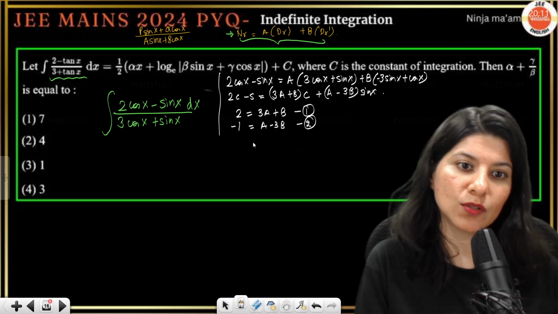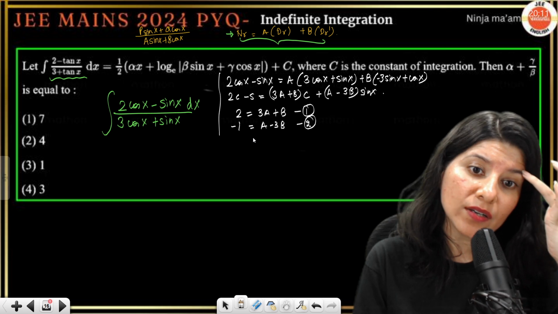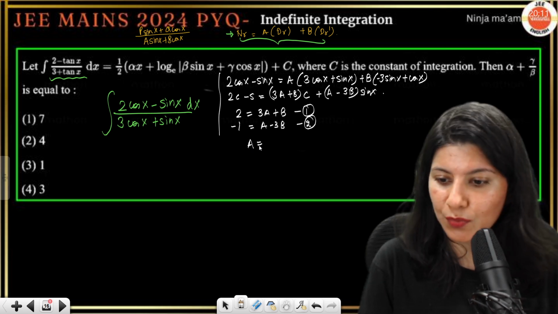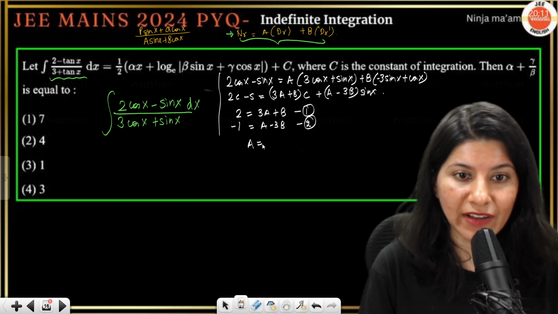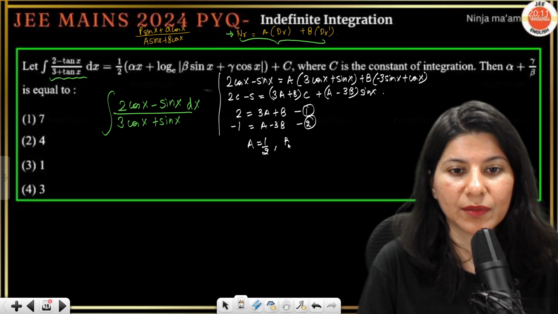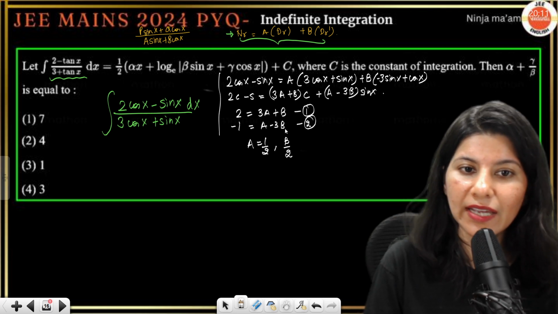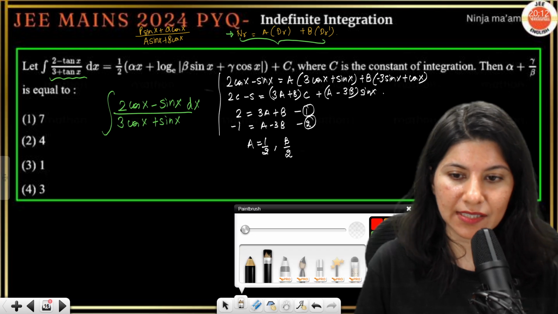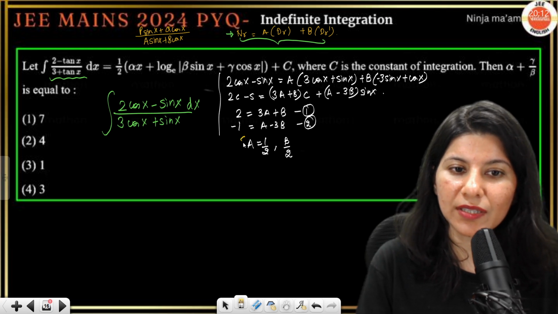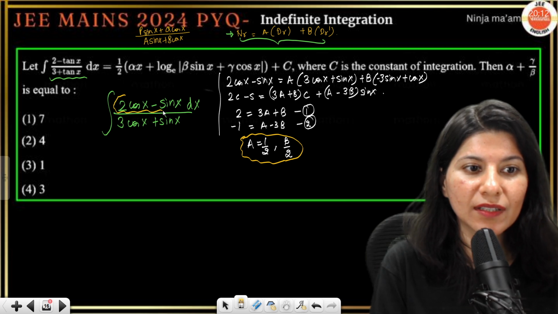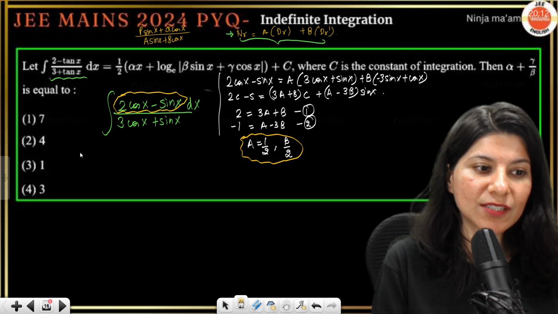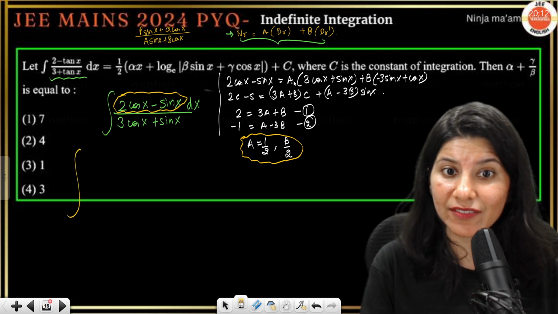If you solve these two, you are going to get a equals half and b also equals half. Two equations, two unknowns, that you can solve. A half, b half, yes. So now this is your numerator. This numerator will be replaced by this right-hand side which you are seeing.